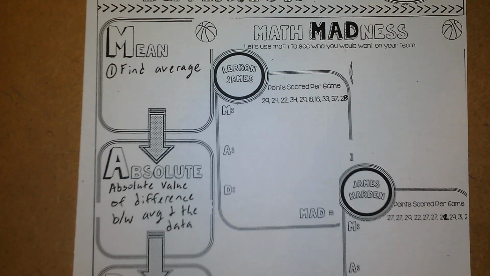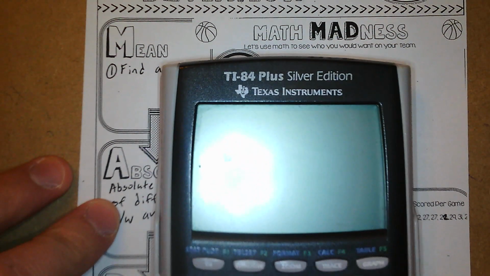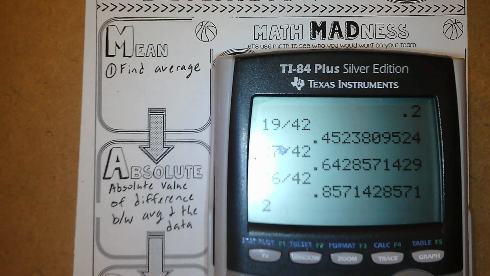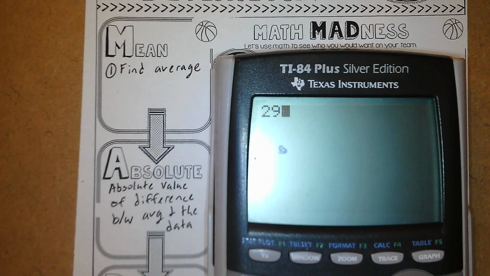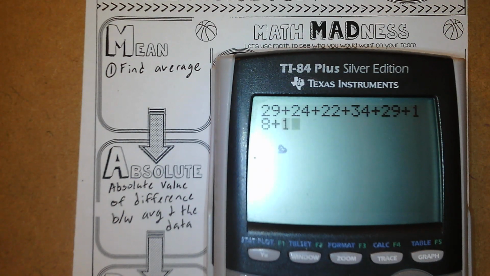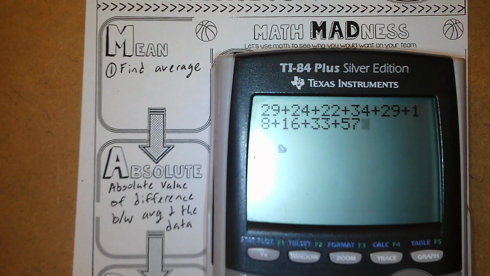So I'm going to add them all up: 29 plus 24 plus 22 plus 34 plus 29 plus 18 plus 16 plus 33 plus 57 plus 28.